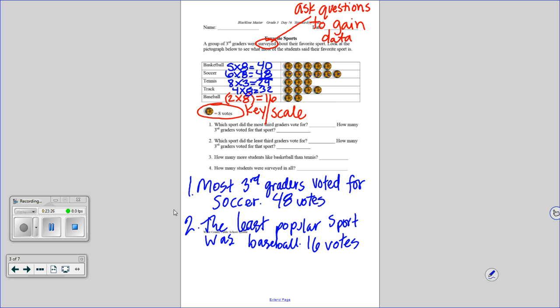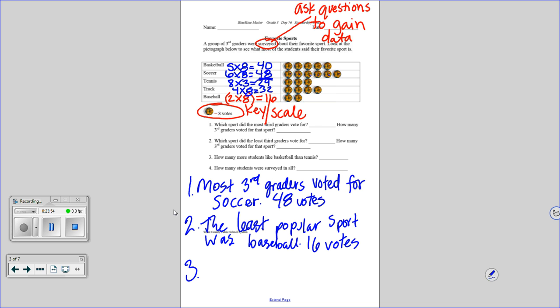Alright, number 3. How many more students liked basketball than tennis? Jackson, what am I going to do? You're going to do 40 minus 28.